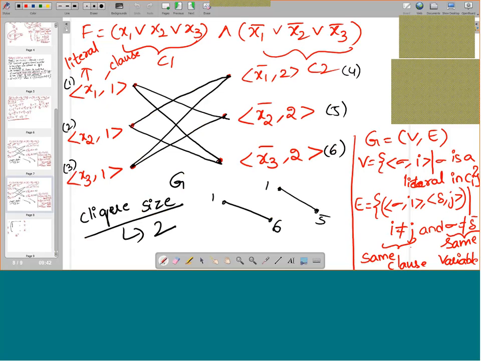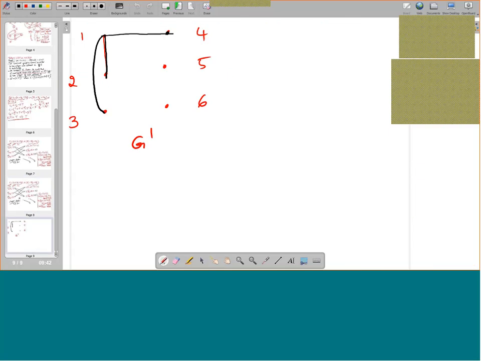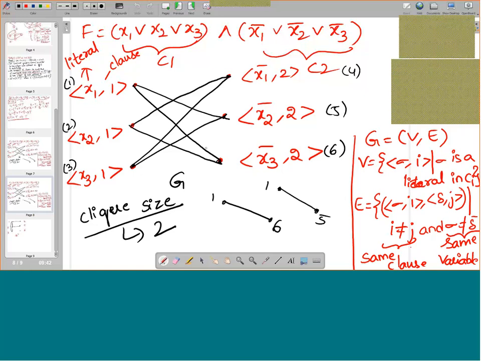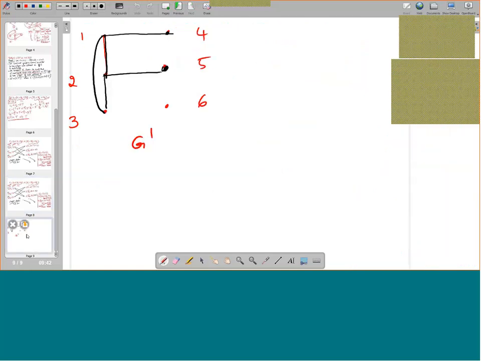Next, for 2 to 1, 2 to 3 and 2 to 5 the edge is not there. So we'll be including them. 2 to 1 already included, so 2 to 3 and 2 to 5. Next, for 3: 3 to 1, 3 to 2, 3 to 6 is not present. 3 to 1, 3 to 2 already included, so we'll be including 3 to 6.